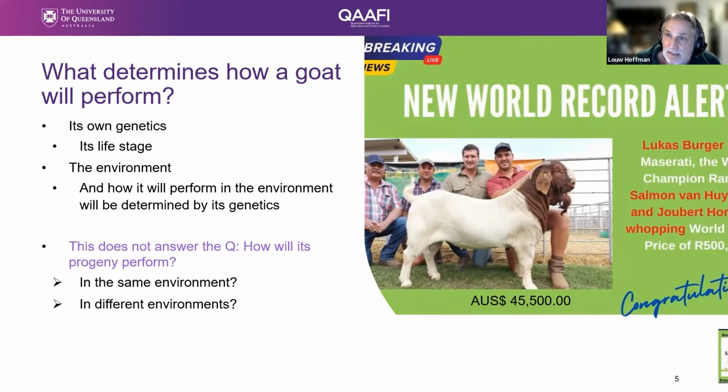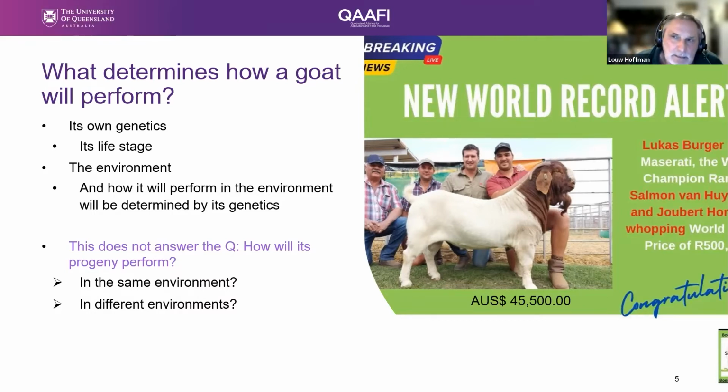His growth phase is still around the legs, getting length. He hasn't really filled out yet. And so be very aware when you start looking at an auction and the goats come in there, be aware that the bigger one might just be bigger because he's older than the others. And then also the environment.